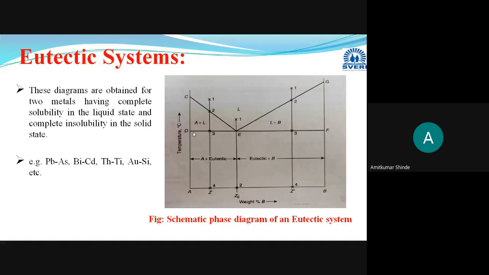Please draw this diagram for the eutectic system with these three different alloys: the alloy with Z% of B, then the alloy with Ze% of B, and the alloy with Z-% of B. Please draw it, and after completion, let me know.